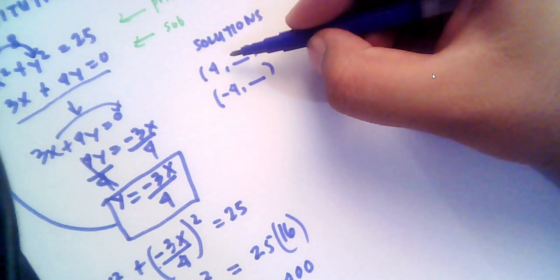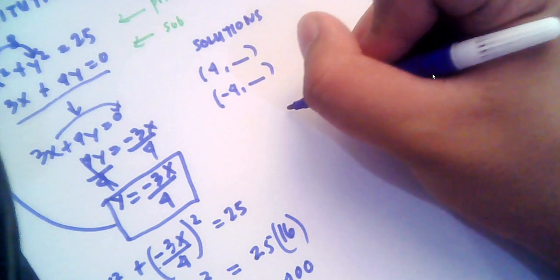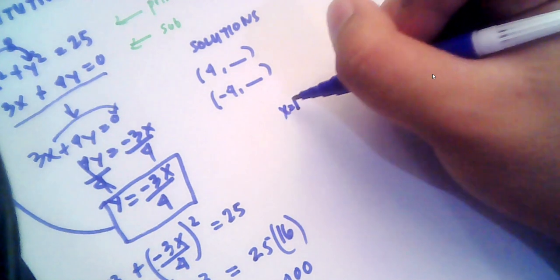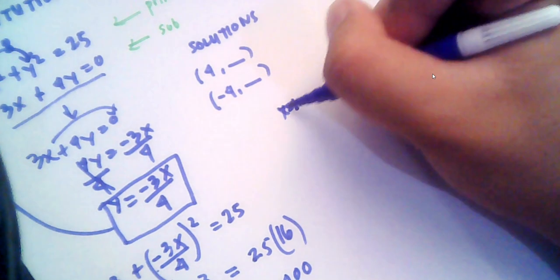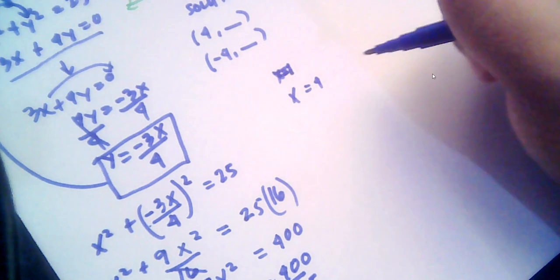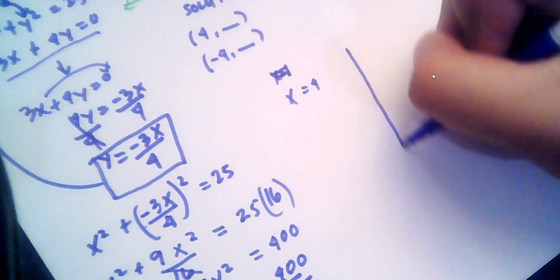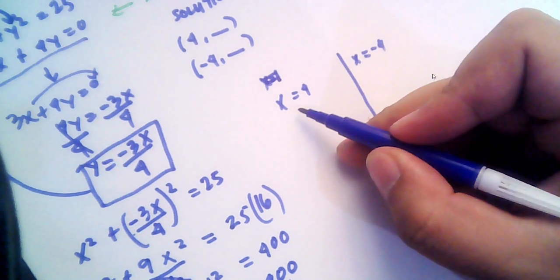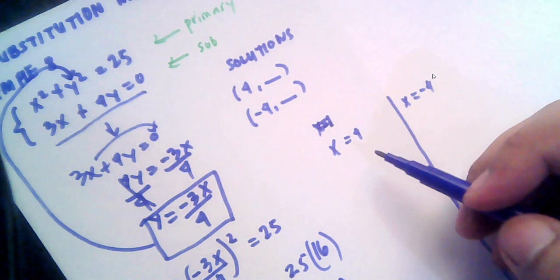Okay, so we're going to solve for y. How to solve for y? Let us use x is equal to 4, and the other one, x is equal to negative 4. Let us use which equation?